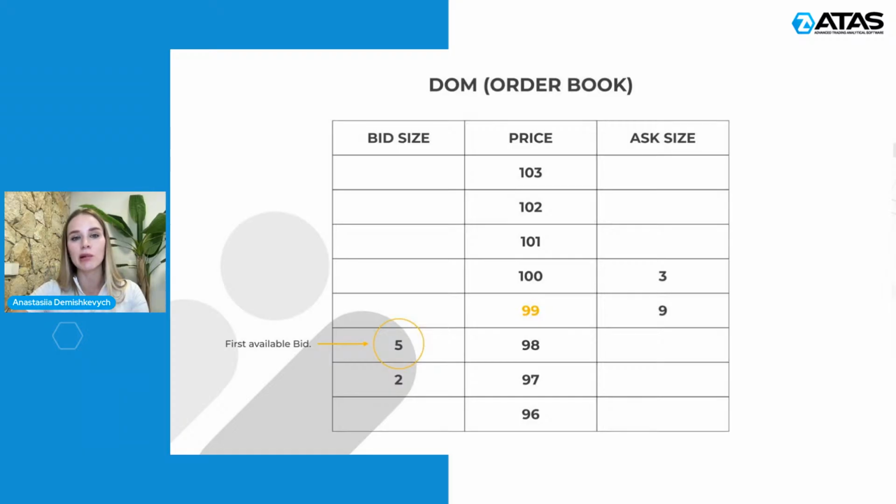Well, at the first available bid, which is $98 per contract. So the aggressive seller sends a market sell order and the passive buyer picks up the order at $98 per contract. Since the buyer's limit order was placed at $98, the price now drops in order to fill the market sell order. As a result, the aggressive seller sells 3 contracts, which fills 3 out of 5 buy limit orders that were originally sitting at $98 per contract.